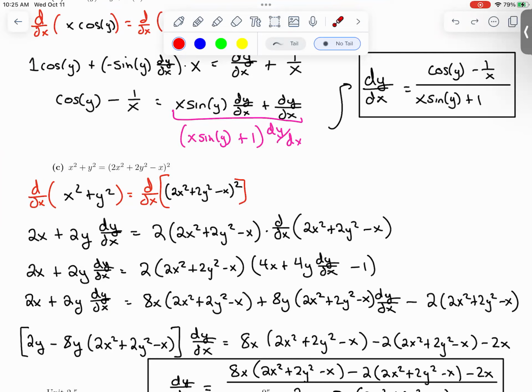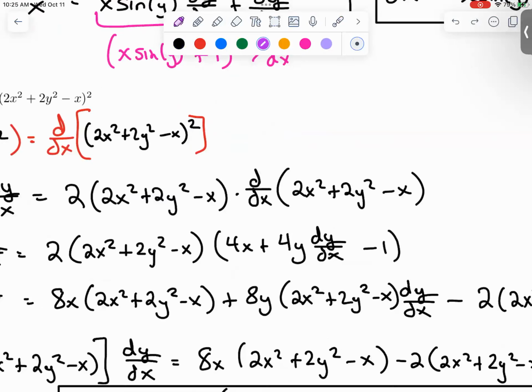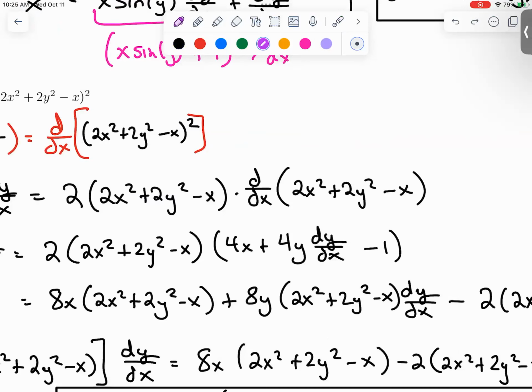The problem here being that the dy dx term is in a three-term expression. So what I have to do to get the dy dx term by itself, I have to distribute. I have to distribute that in so I can get the dy dx term to be able to be moved.